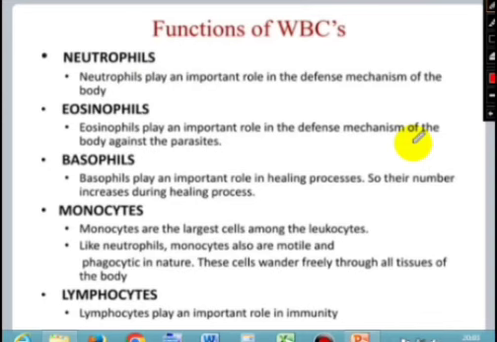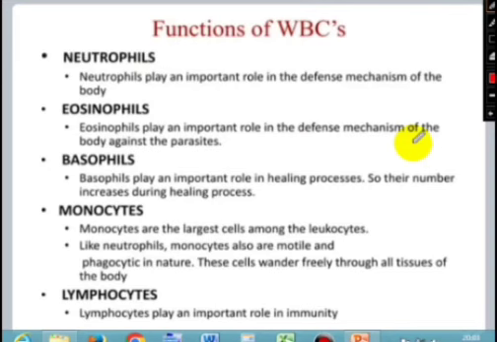Actually, they try to engulf invading bacteria and pathogens. Alright? So as soon as they see any foreign substance in the body, they are mobilized and they try to engulf those substances and also try to disintegrate them or make them inactive.